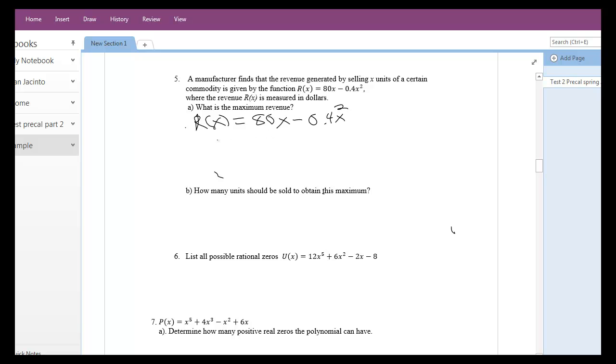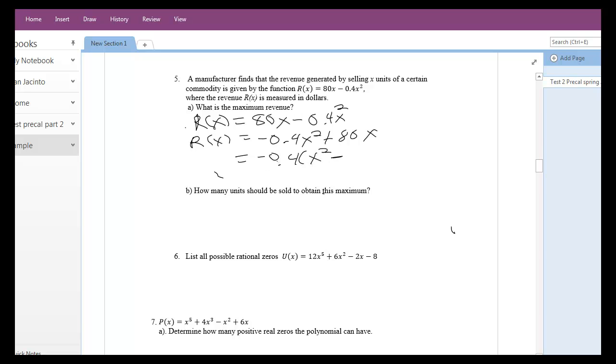I need to rewrite this because I like the quadratic part first. So that should be negative 0.4x squared plus 80x. I'm going to factor out a negative 0.4. So when I factor out that negative 0.4, I'm left with an x squared.